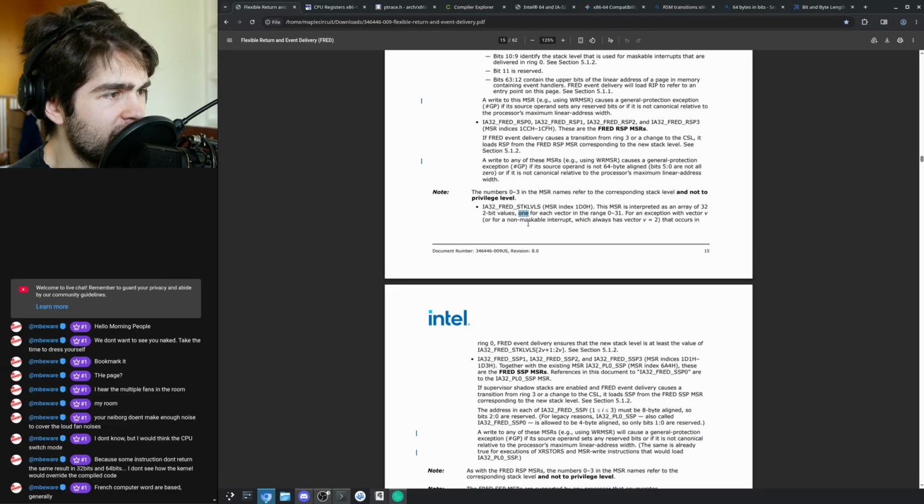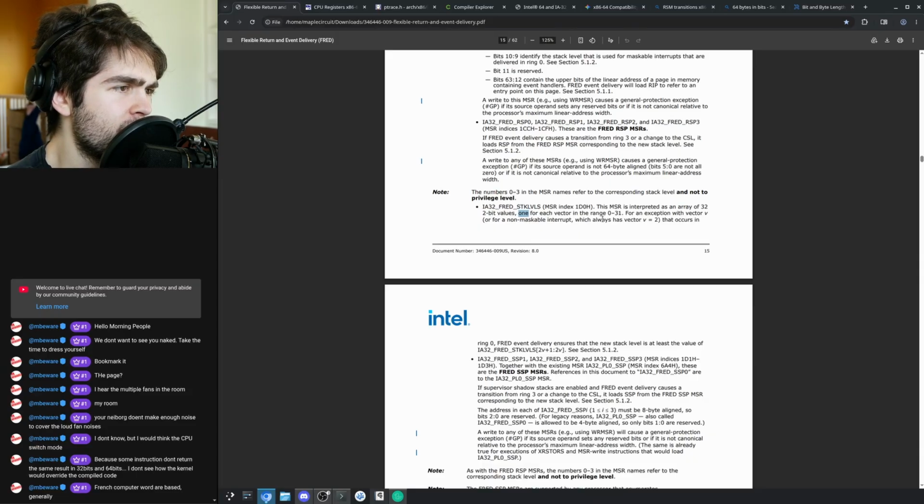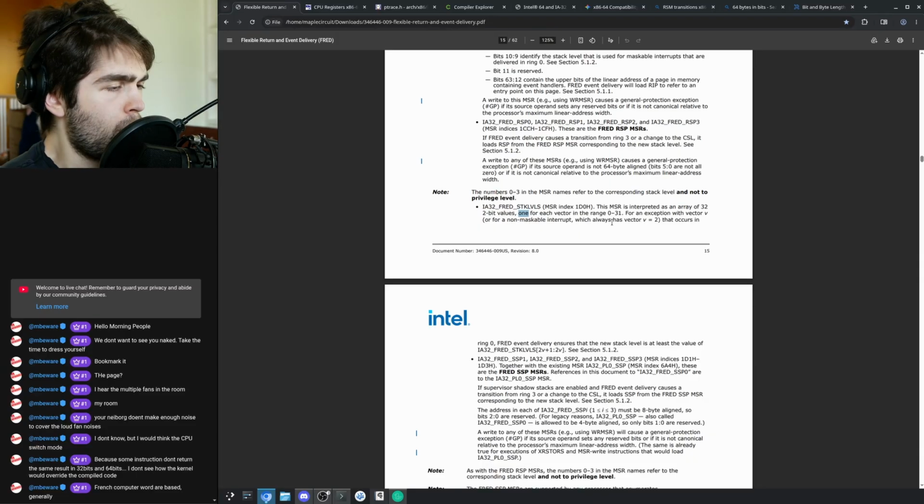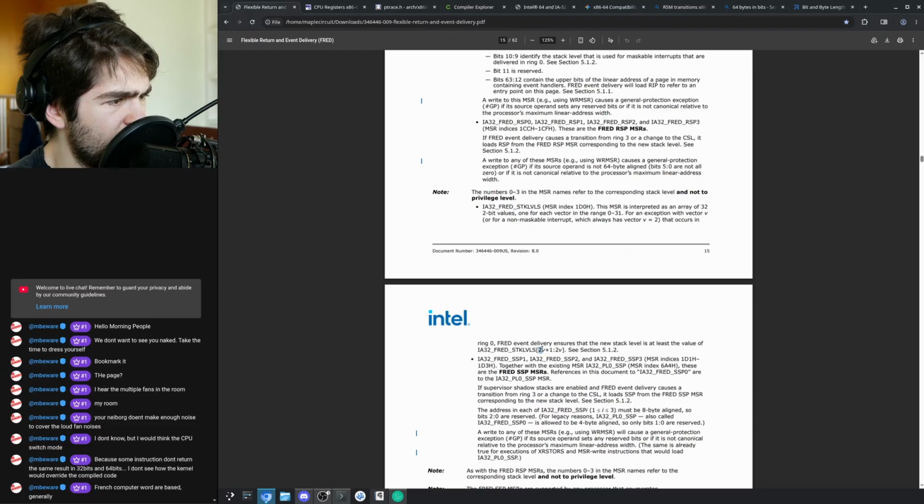One for each vector in the range 0 to 31. For an exception with vector v, or for a non-maskable interrupt, which has a vector of v equals 2, that occurs in ring 0, Fred event delivery ensures that each new stack level is at least the value of Fred STKLVLS bits 2v plus 1 to 2v.